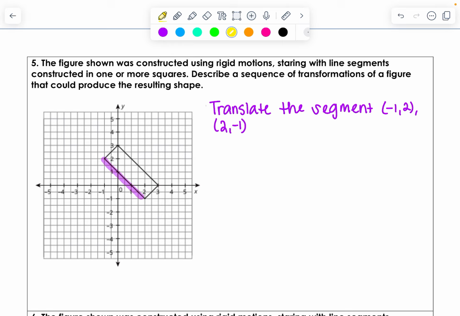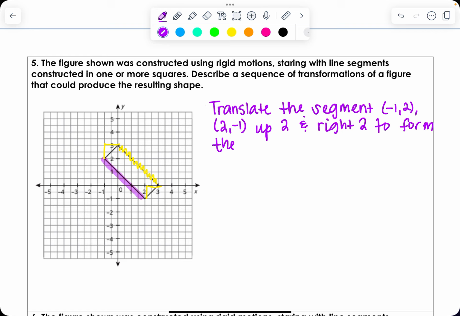And I'm going to have to go up 2, right 2, in order to get it over here. All right, so the new segment would be 0, 3, and 3, 0.